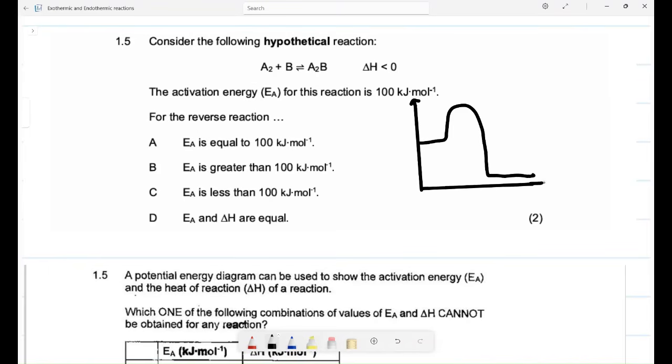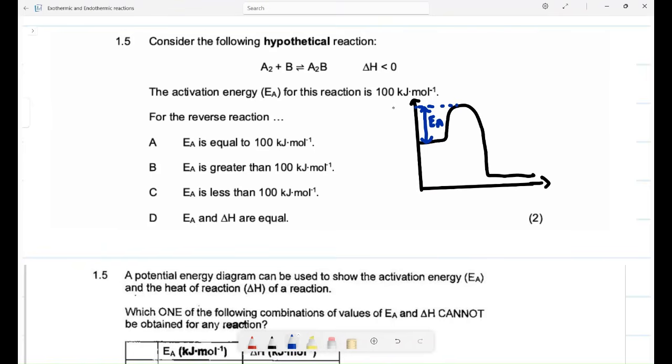What is it that I'm told? I'm told that the activation energy of this reaction is 100. So from here to there, it is 100, the difference from the reactant to the activated complex.